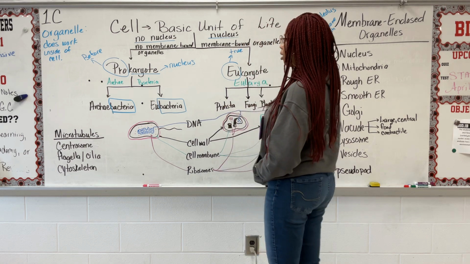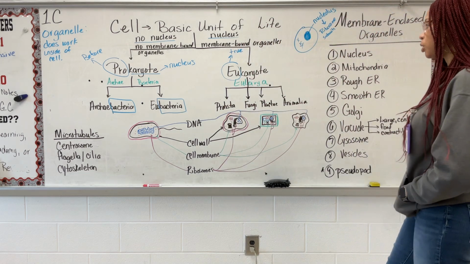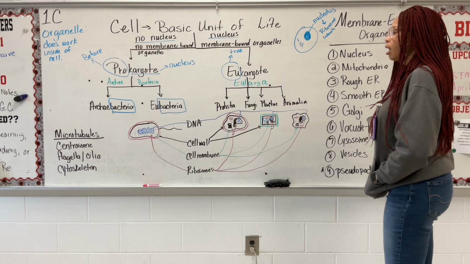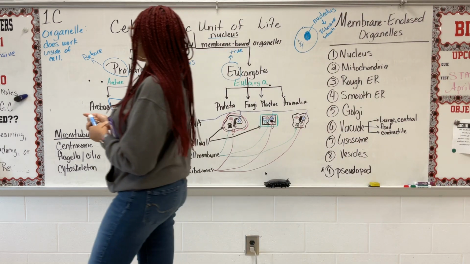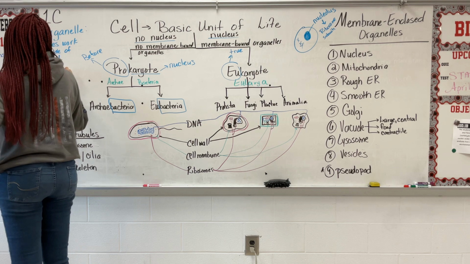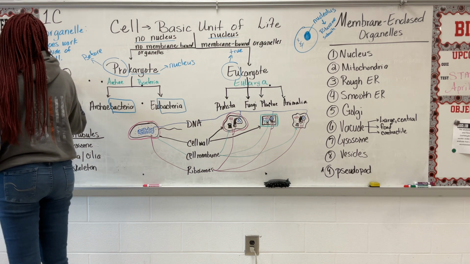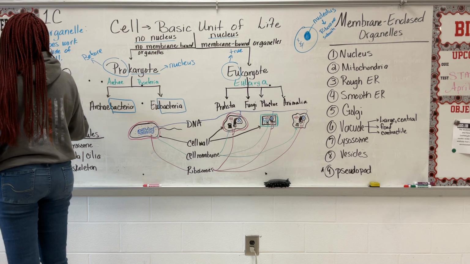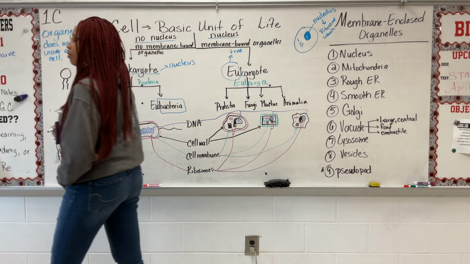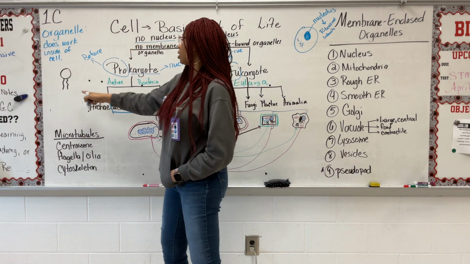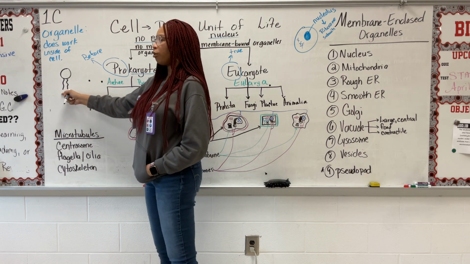So remember when we talked about carbs, lipids, proteins, and nucleic acids, how there's a lipid called a phospholipid, and that phospholipid has a hydrophilic head, and then that head also has the glycerol and the two fatty acid tails attached to it, and those fatty acid tails are hydrophobic.